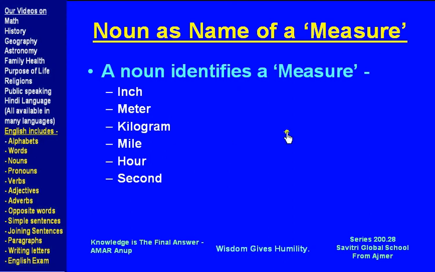Now examples of words that identify measure as noun are inch, meter, kilogram, mile, hour and second. They are all measures. Some are measures of length, some are measures of weight, some are measures of time. So all these words are also nouns.